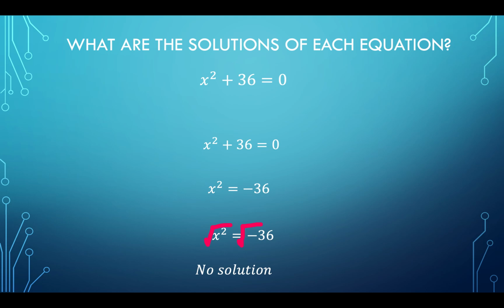Well, it's a negative number. If you put it in your calculator, it's going to come up error or non-real answer, no solution, some variation of that. So because it doesn't work, can't take the square root of a negative number. Here in this problem, there is no solution.